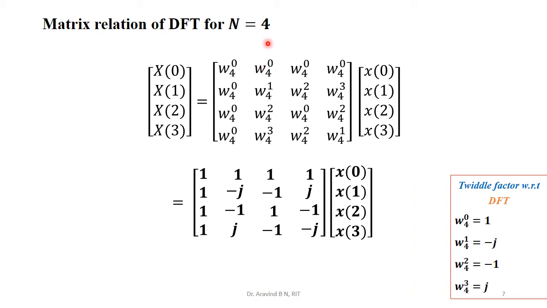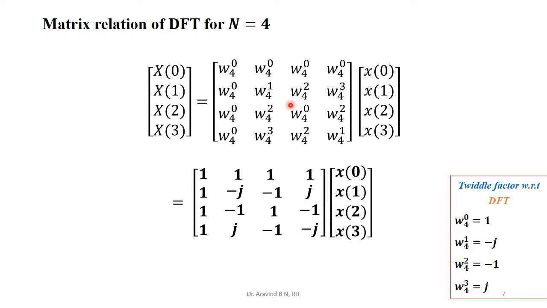If the sequence length is given as 3, 5, 8, or 6, then this matrix method is not applicable; the matrix we have derived for N equal to 4 cannot be used for those cases. If a 3-point DFT is given, then you need to derive the 3-point DFT matrix and then make the substitution.